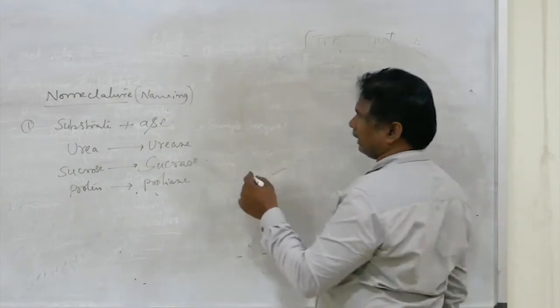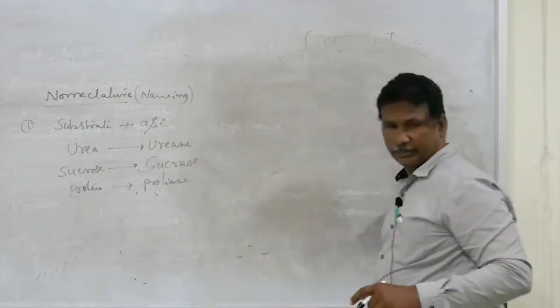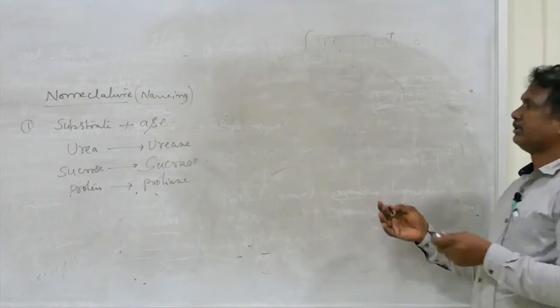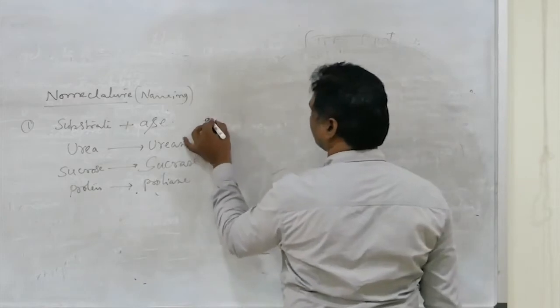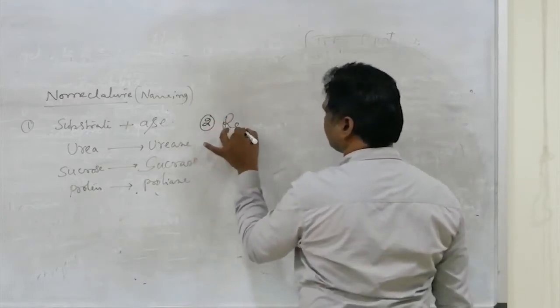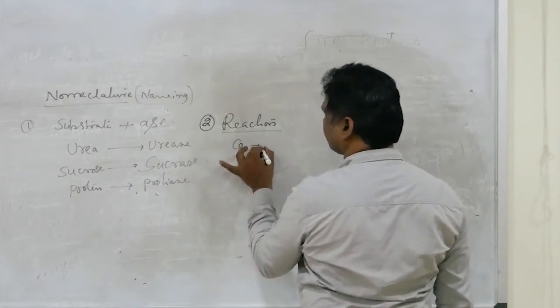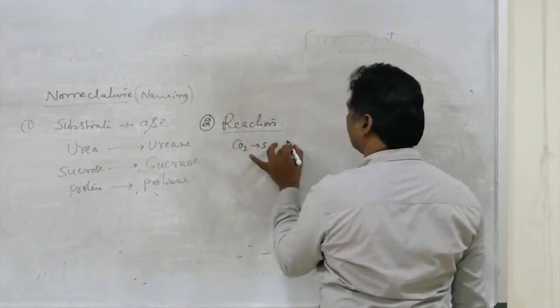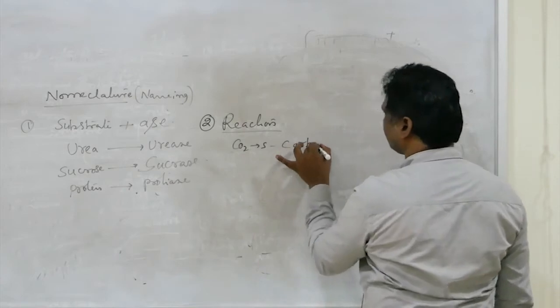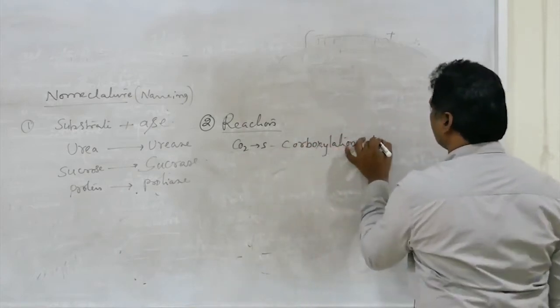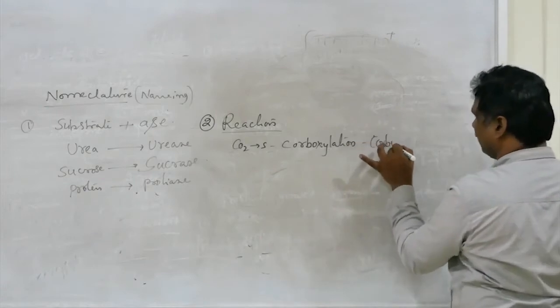Another criterion for naming enzymes is based on the reaction. If carbon dioxide is added to the substrate, the reaction is carboxylation and the enzyme is carboxylase.